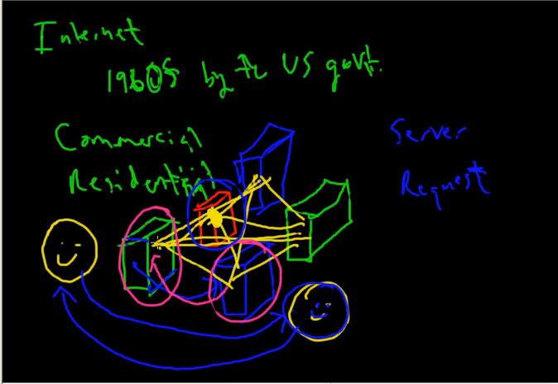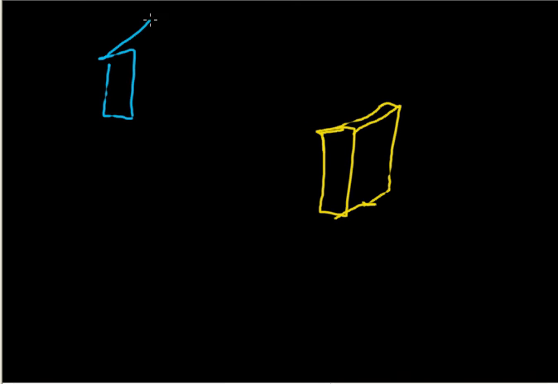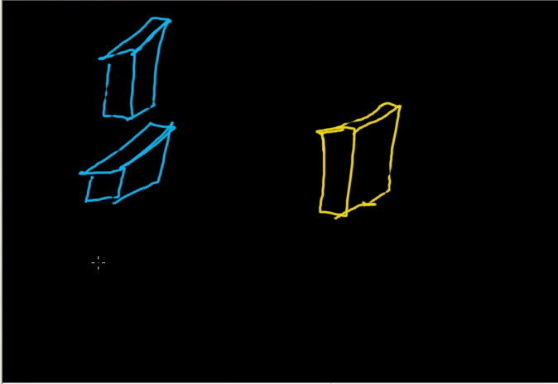This drawing is getting a little bit messy, so I'm going to scroll down in my drawing area here. And so we have our special yellow server, and in this light blue color we have all our home computers.